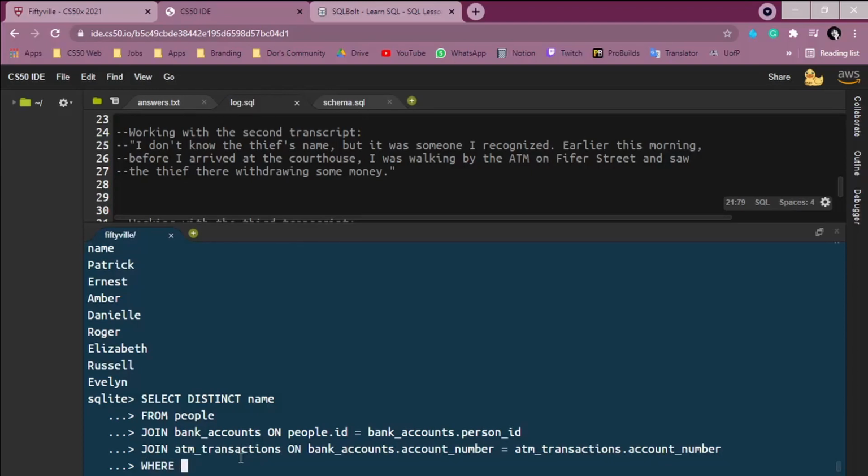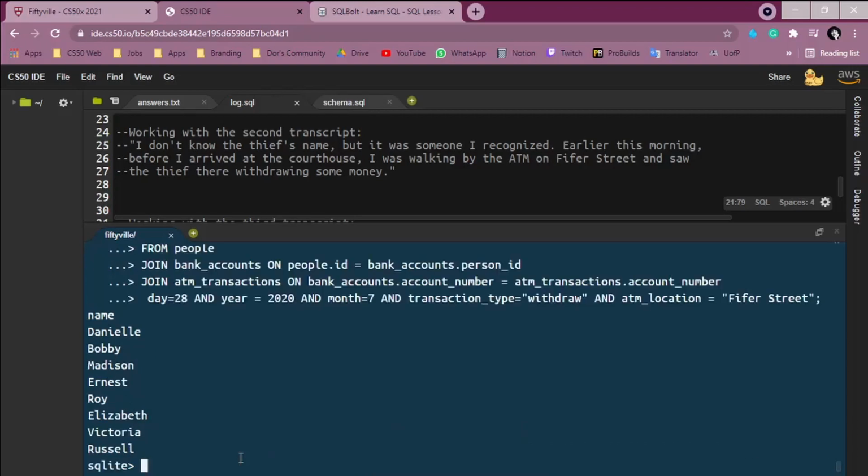So where day equals 28 and year equals 2010 and month equals 7 and transaction type equals withdraw and ATM location equals Pfeiffer Street. Okay, and when we run it, it's going to give us new suspect names.